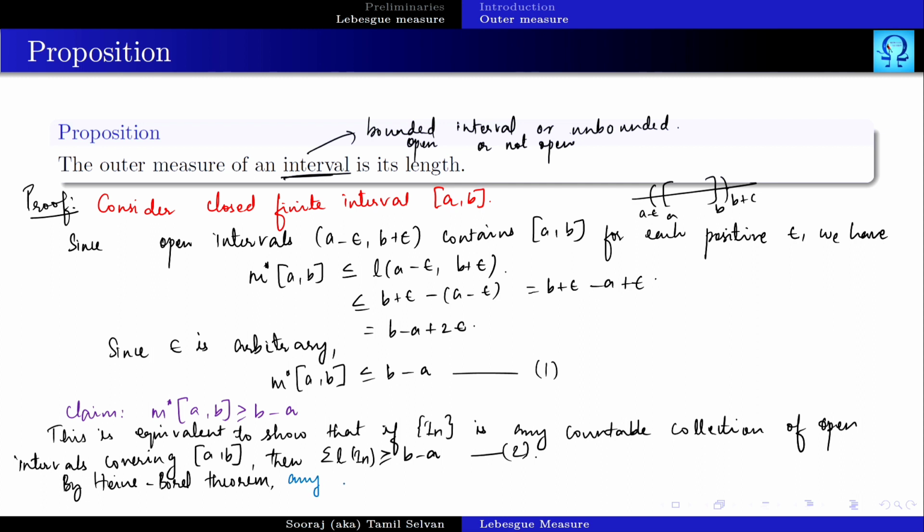Any collection of open intervals covering AB admits a finite subcover of the same interval.